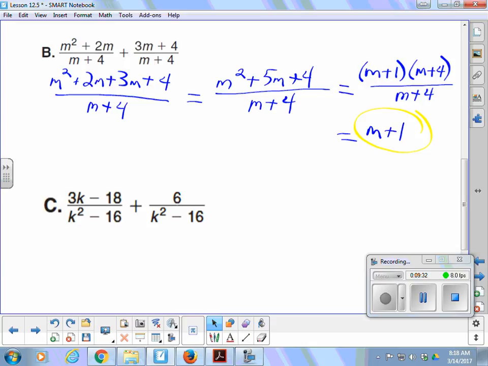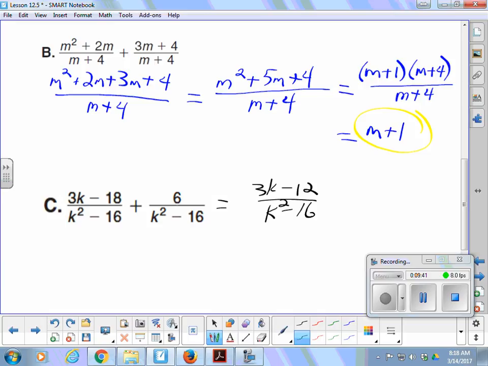When you add these together, we get 3k minus 12 over k squared minus 16. We factor the numerator, they have 3 in common. The denominator is the difference of two squares, so that's k plus 4 and k minus 4.